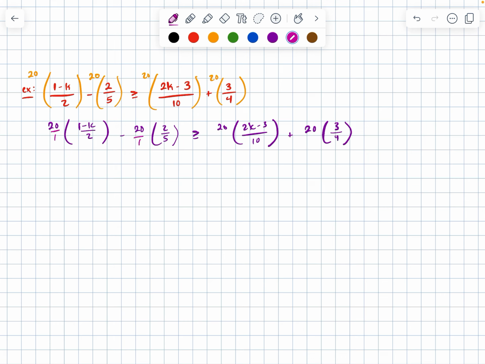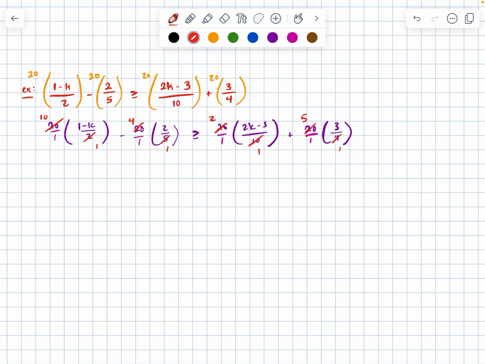So here, again, I can think of all of these as 20s over 1. Let's cross simplify. 20 and 2, 2 goes into 20 10 times. 5 goes into 20 4 times. 10 goes into 20 twice. 4 goes into 20 5 times.